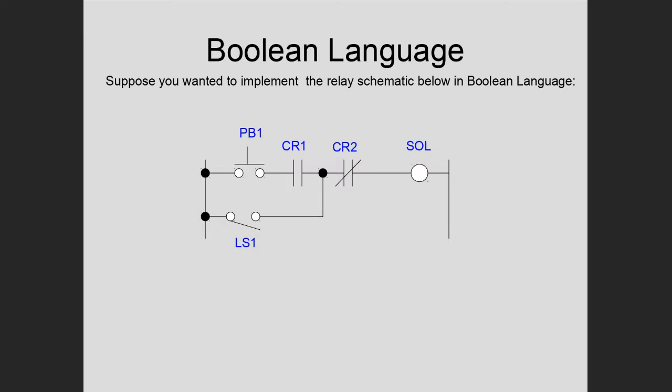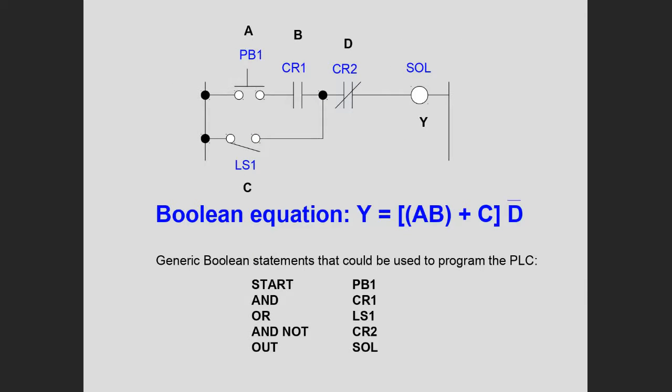Well, we start with our hardwired control circuit, and again, we'll use the labels, but this time we'll give the labels addresses A, B, C, D, and Y. And so if I give these variable names, and I write the Boolean expression for the logic you see here in the circuit, you can see that A and B are ANDed.